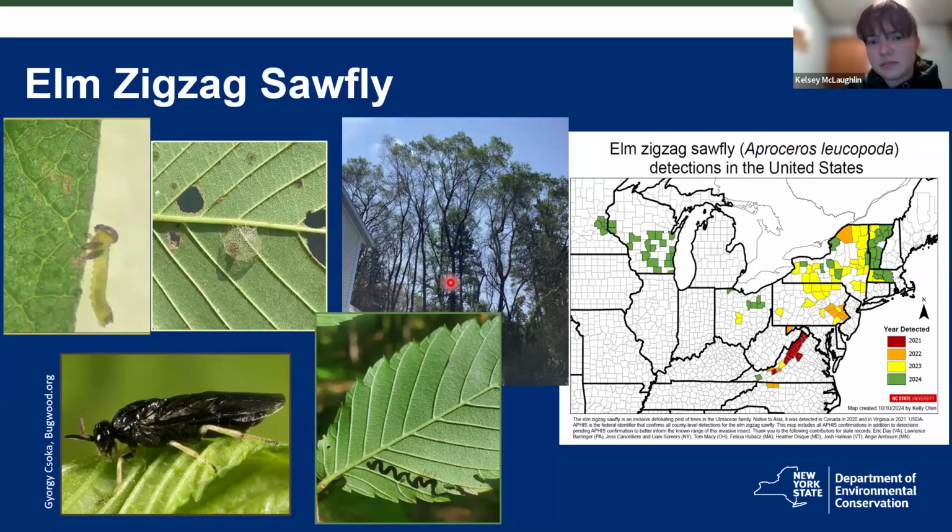And I believe it's the species of elms that made it more susceptible in this case. Whatever species of elm she had is something that elm zigzag sawfly really, really liked. But usually whenever we see damage, it's just 1 or 2 of these little zigzaggy feeding trails. But if we do see defoliation like this, we're definitely interested in getting reports if you do happen to have elms in your area.